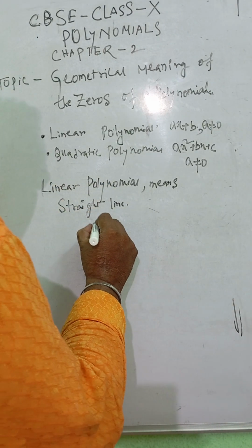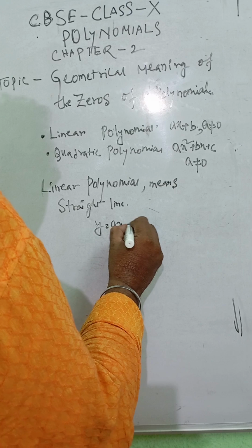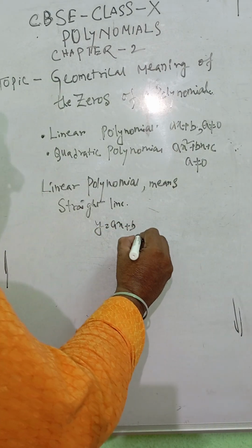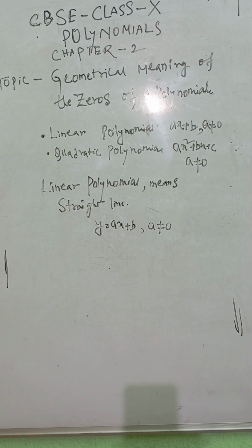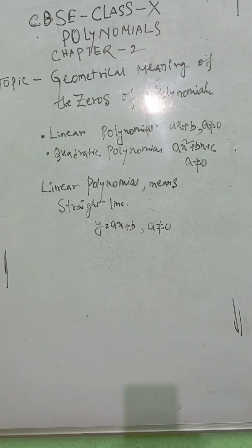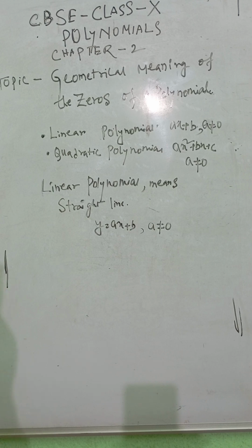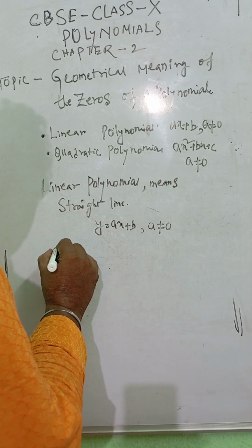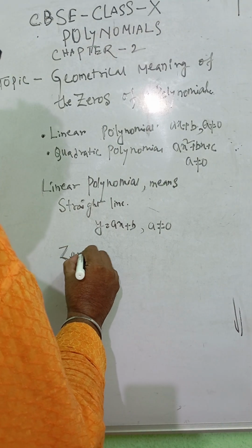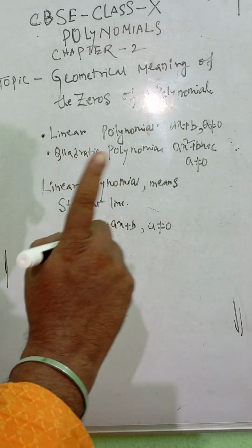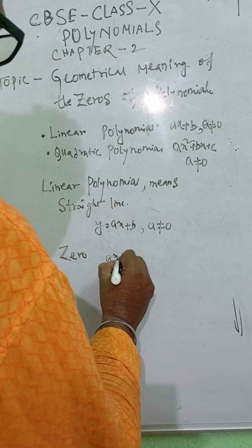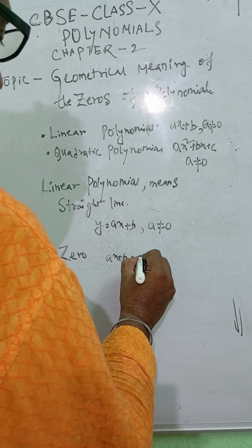Now what is this? y is equal to ax plus b, where a is not equal to 0. Clear? Now for linear polynomials, there is only one zero, and that is when ax plus b is equal to 0.